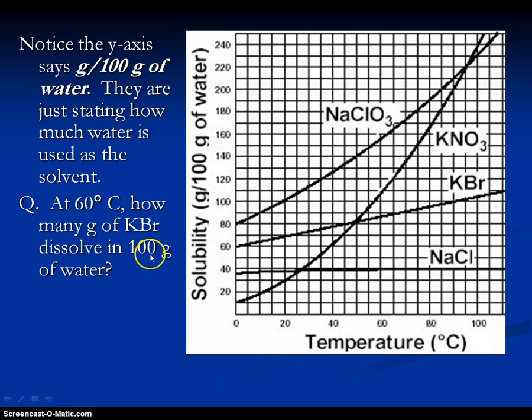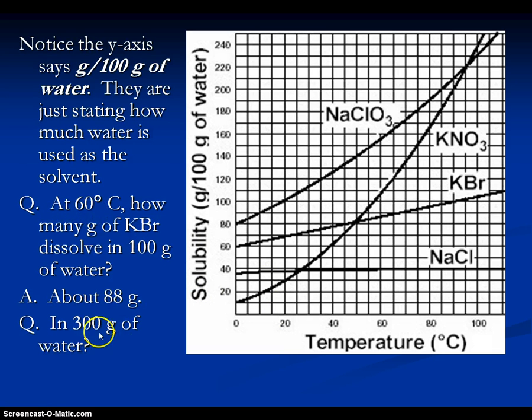Again, the 100 grams of water is just a constant. So we would go over to 60 degrees and up to the line that is potassium bromide here. And we can see that it's going to dissolve somewhere near 90. So about 88 grams of potassium bromide can dissolve in 100 grams of water at 60 degrees Celsius.